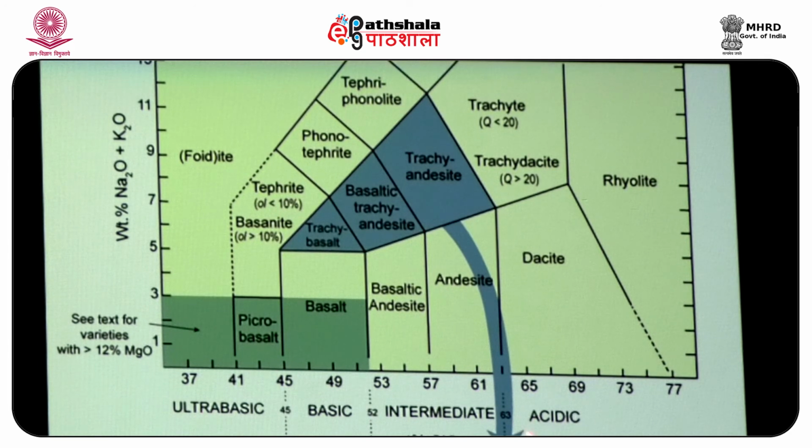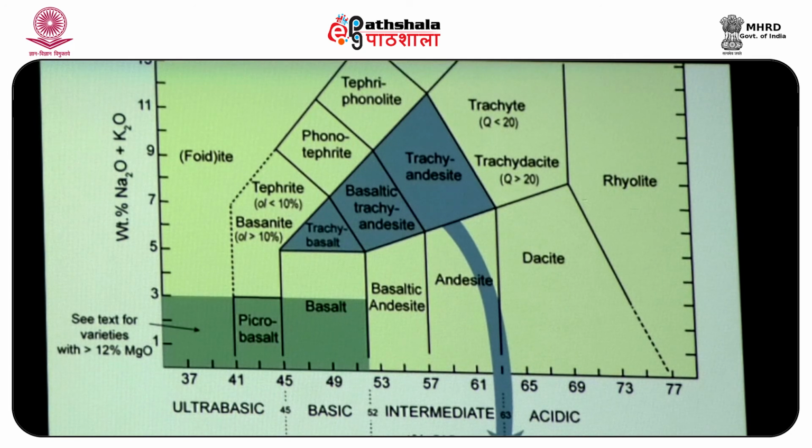Acidic rocks are more silica rich. Ultrabasic rocks are those which are very poor in silica, so the silica percentage here is less than 45%. If minerals are present and it is plutonic, it will be known as ultramafic.